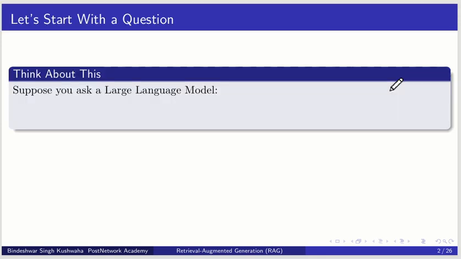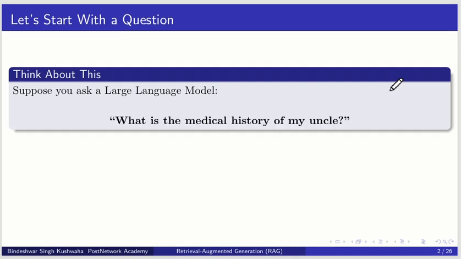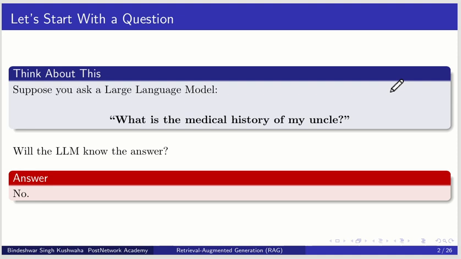So let us start with a question. Suppose you ask a large language model like ChatGPT or Gemini, what is the medical history of my uncle? So what will happen? Will the LLM know the answer?